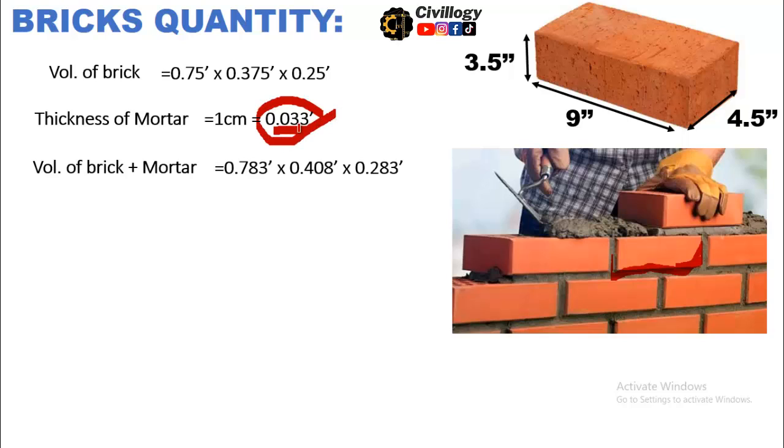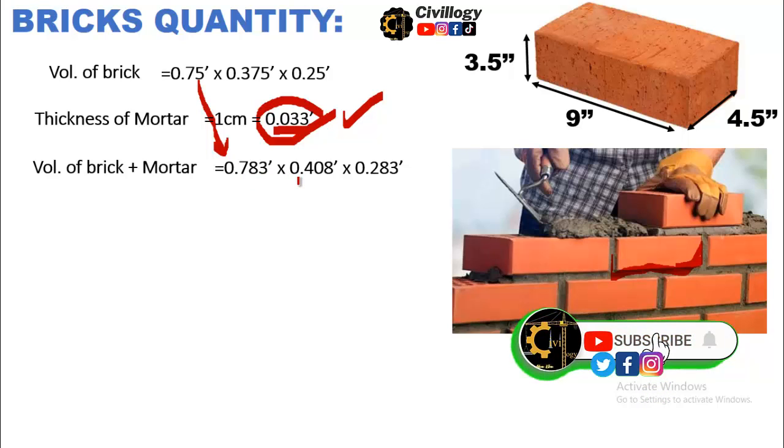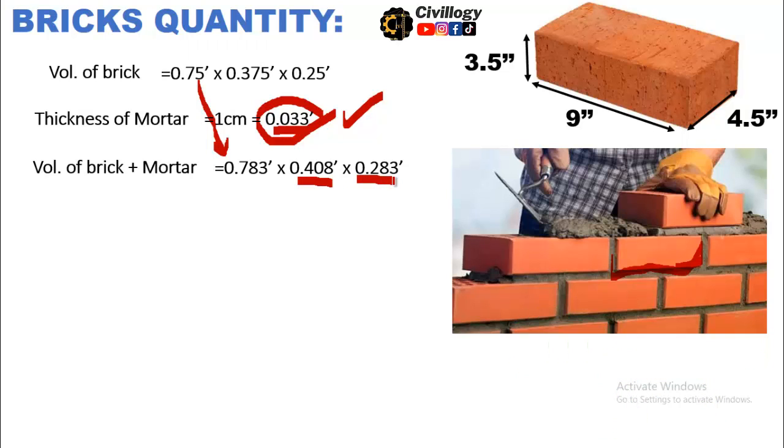As you can see over here, it was 0.75, but when this thickness is added, it will become 0.783 feet. Similarly for this, it will become 0.408, and it will become 0.283 after adding the thickness of the mortar. So the volume will be equal to 0.09 cubic feet.